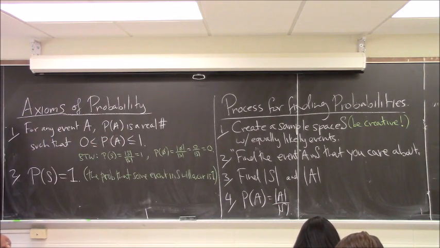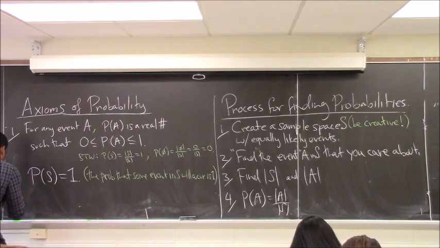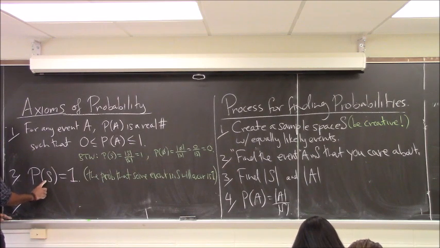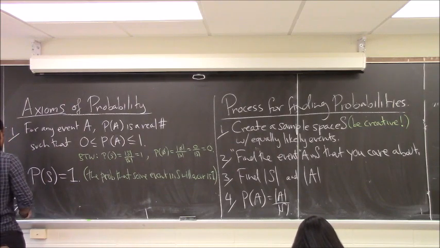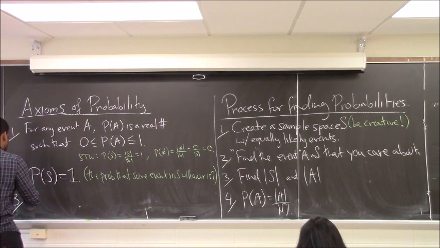So you flip a coin, you define the sample space, heads or tails. As far as you're concerned, one of them has to happen. What is the probability you're going to get heads or tails? It's 1. I have to get either heads or tails, right? There's no other option, okay? So once you've defined all possible options, the probability that your event lives in that space is going to be 1.